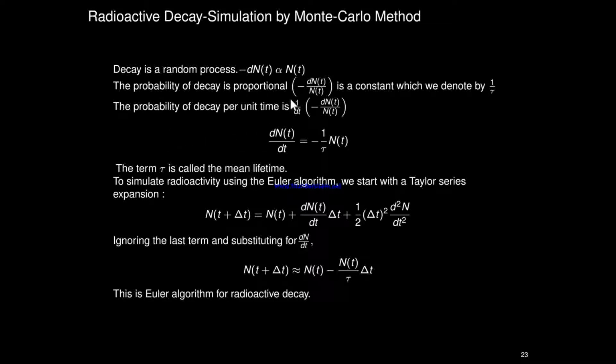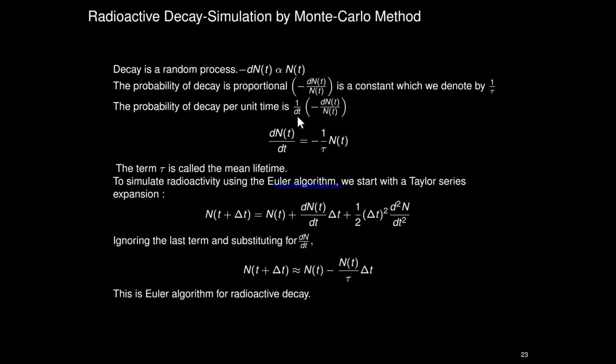Now this is the decay at some instant. Suppose you want to find the number of nuclei which are decaying in some unit time. So we can take the probability of decay per unit time, where we divide this by the time slot dt. So it will be 1 by dt times minus dN by N. This unit of time may be any time unit, maybe second, minute, hour, day or year, depending upon the specimen.